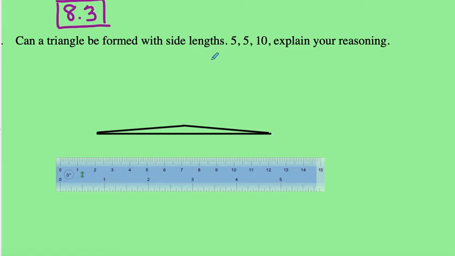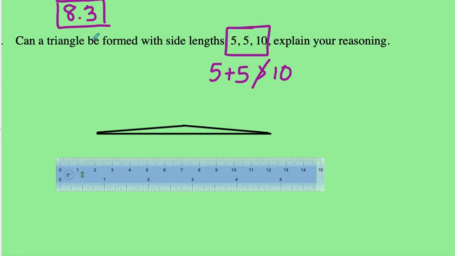What had to be true was that 5 plus 5 had to be greater than 10. And that had to be true for all different ways you could pair up the sides. And since 5 plus 5 is not greater than 10, a triangle cannot exist with these sides.